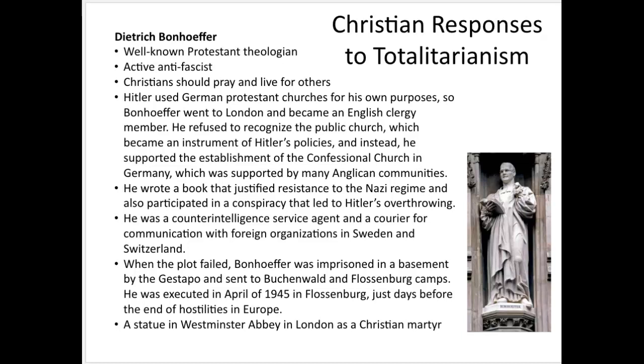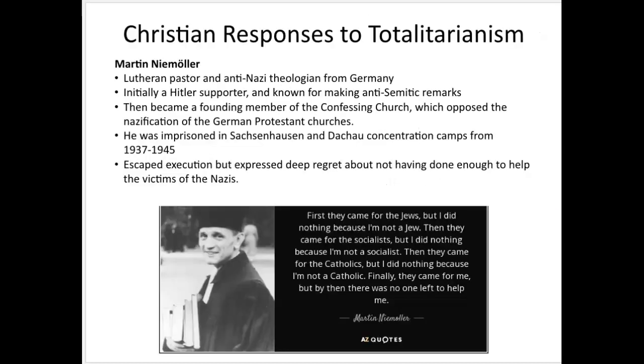So when this whole plot to overthrow Hitler failed, Bonhoeffer was imprisoned in a basement by the Gestapo, and then he was sent to Buchenwald and then to the Flossenbürg camp, and he was executed in 1945, just days before the end of hostilities in Europe. And if you go to Westminster Abbey, you can see a statue to him as a Christian martyr. The other example from the College Board is Martin Niemöller.